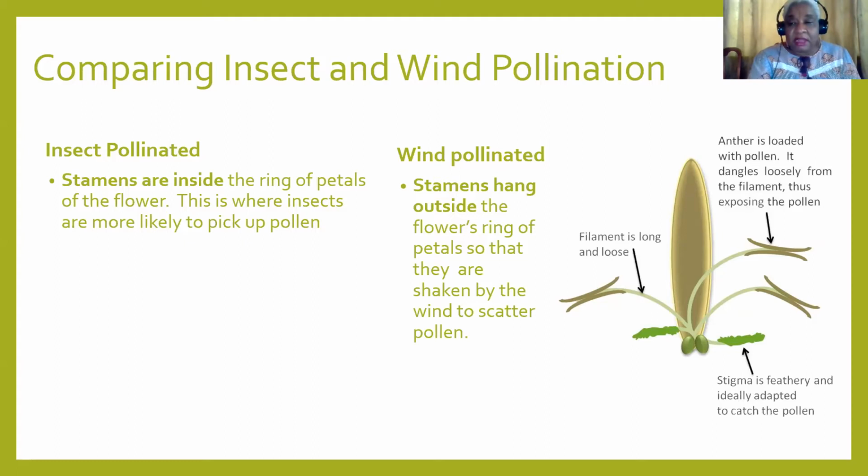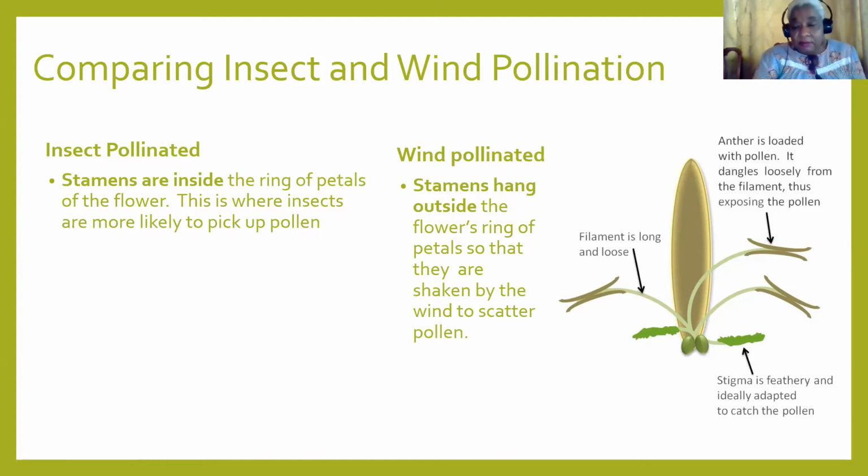In wind pollinated, the stamens hang outside. So the filaments are long and loose, and when you shake them, the pollen dangles loosely, exposing the pollen. When the wind blows, the pollen can go through.